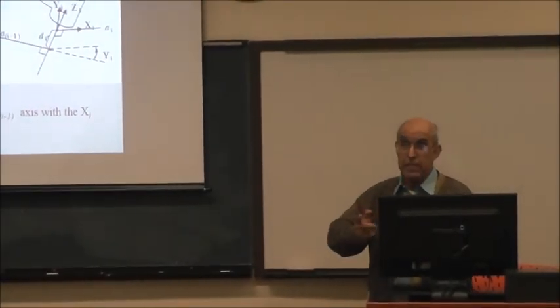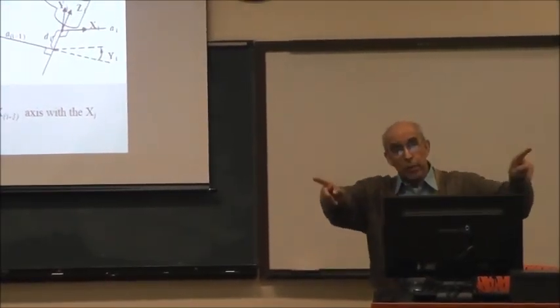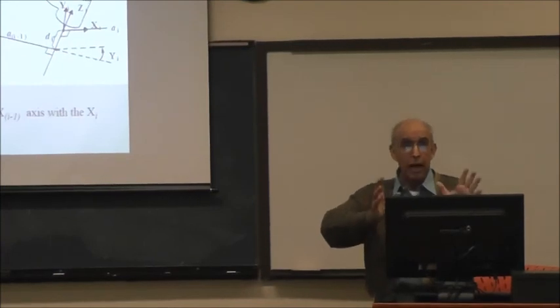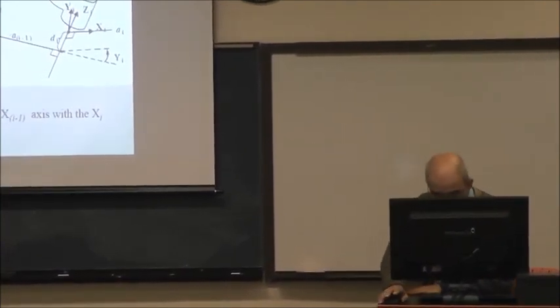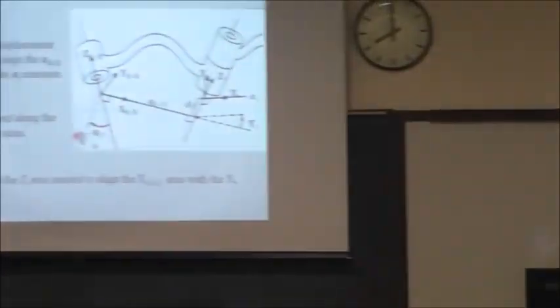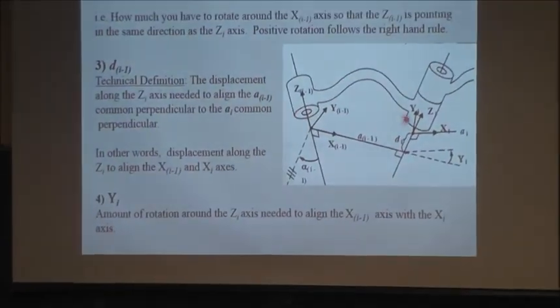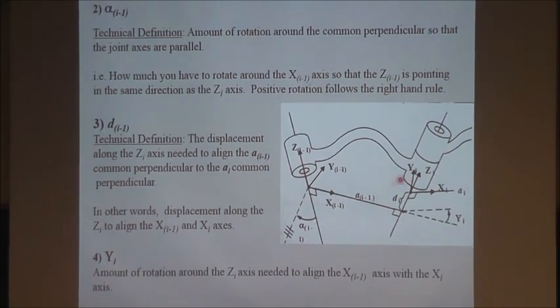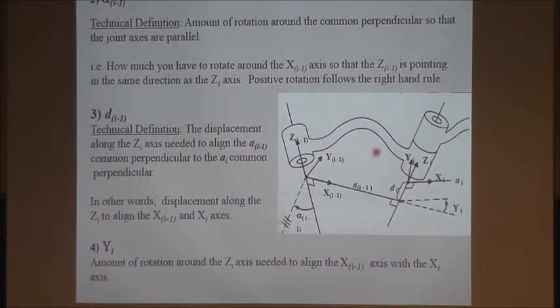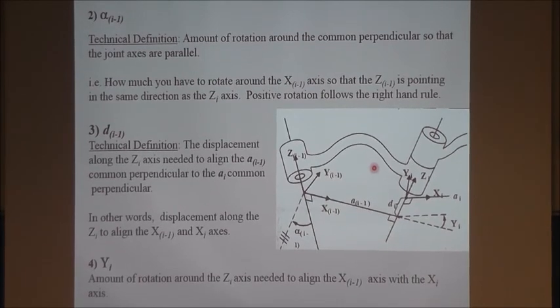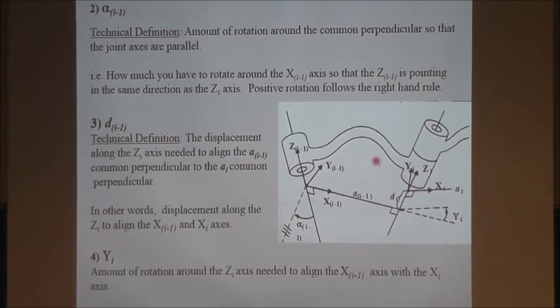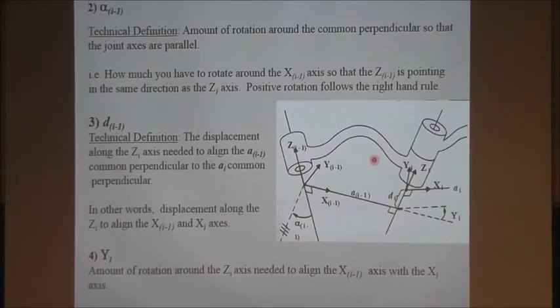They are not interchangeable. You end up in 2 different places, but they all have to come together, one after another. So basically, the DH parameters allow you to do 2 translations and 2 rotations, and those are your 4 parameters. Alpha and theta are rotational, a and d are translational.